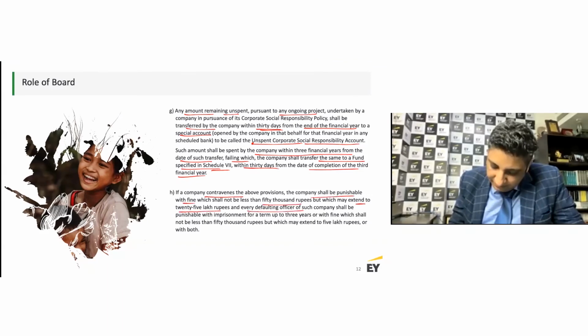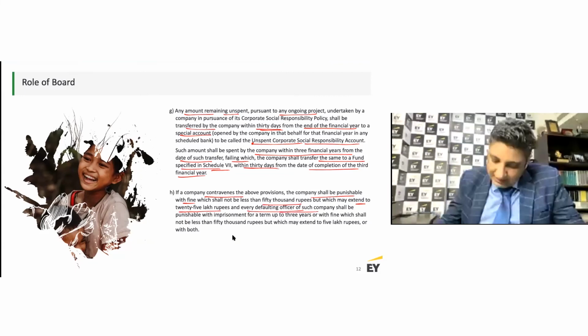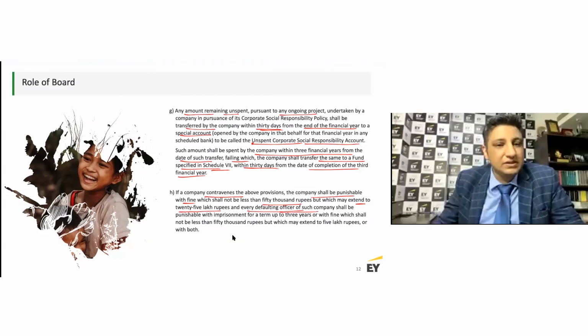So we are saying that a fine of 50,000 to 25 lakh is applicable to the companies, and there is a term of up to 3 years. So there's imprisonment of up to 3 years for every defaulting officer. That's where you see if the money is not rightly spent.